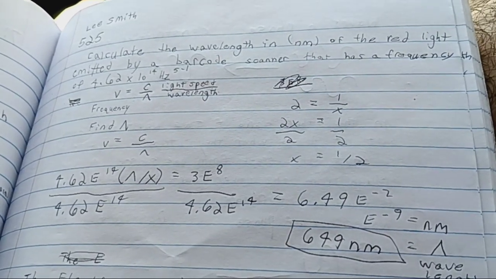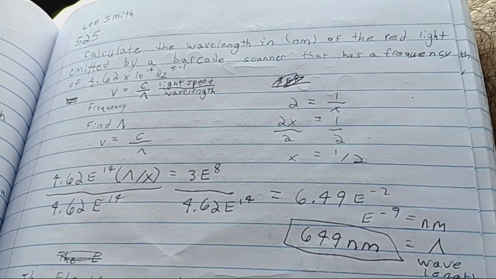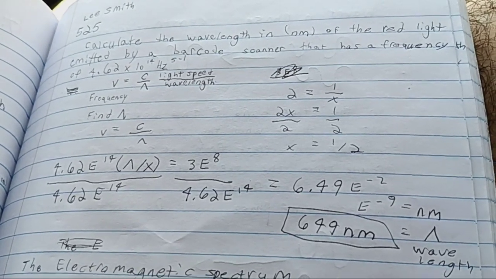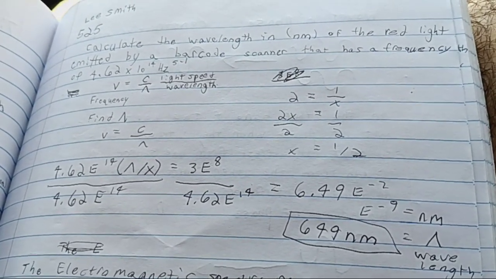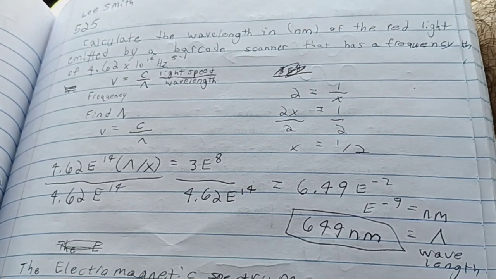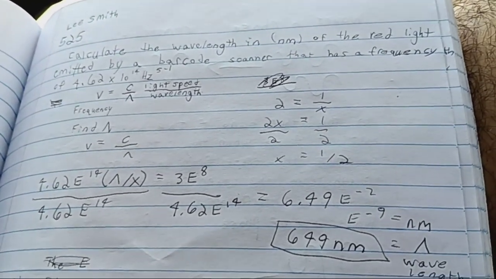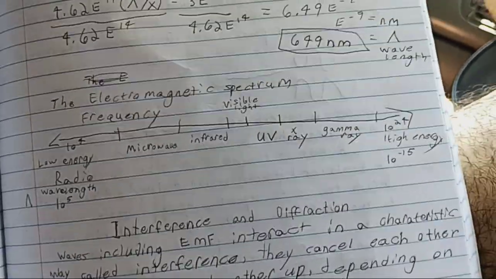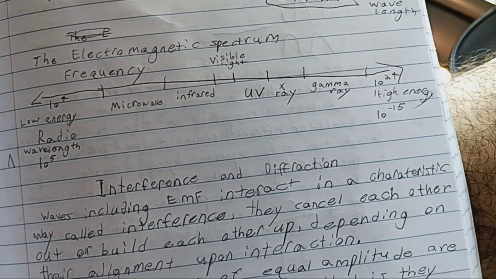Then the speed of light divided by the frequency gives me the wavelength. But this is not yet Planck's constant. This is how frequency and wavelength are related.